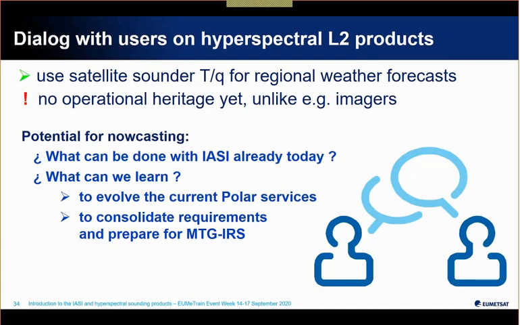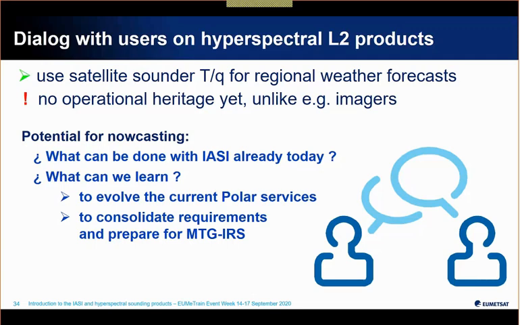Because we want to use these satellite sounder temperature and humidity profiles for regional weather forecasts, but there is no operational heritage yet, unlike what we have for imagers, for instance. We are building that, and I think everybody is still in the learning phase of what we can do with it, and feeding back to us, the product developers, to maybe adjust the presentation.